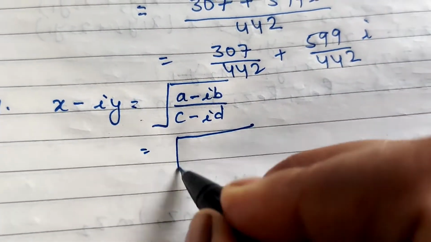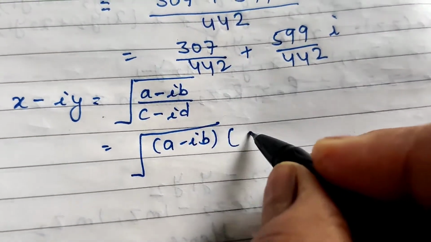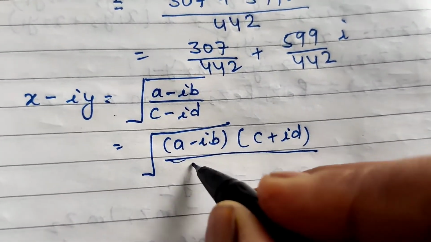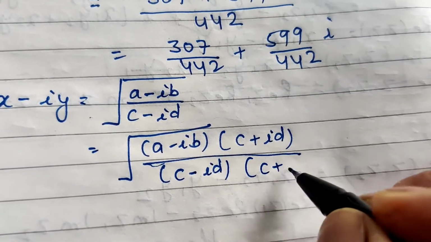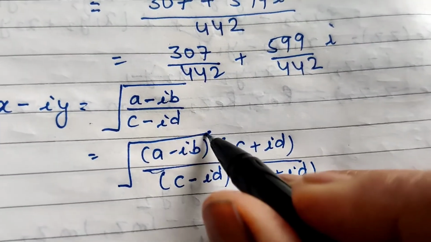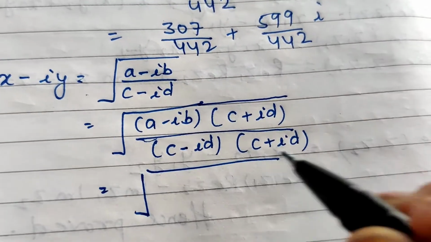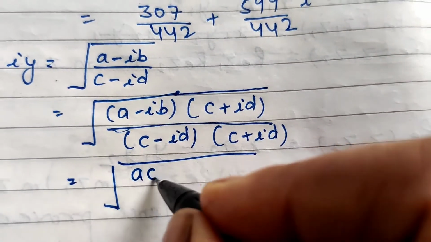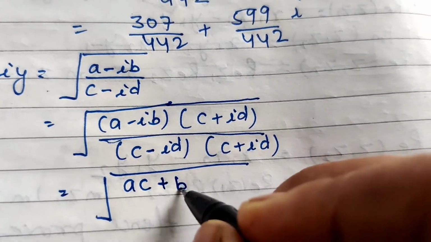First, a minus ib, multiply by c plus id in numerator and denominator, c minus id and c plus id. So we get a minus ib multiplied, ac minus i square bd, it means plus bd.